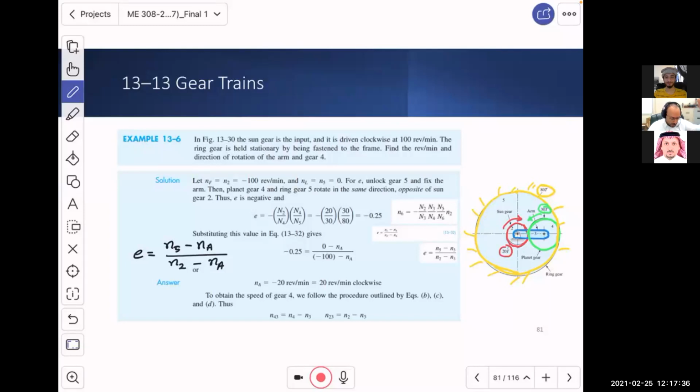Good. Now, E as a value can be determined from this relation, the gear train.